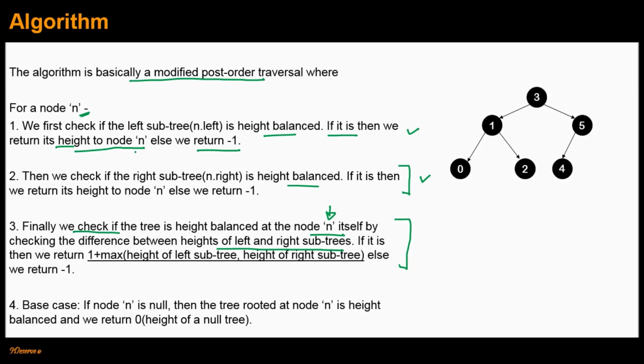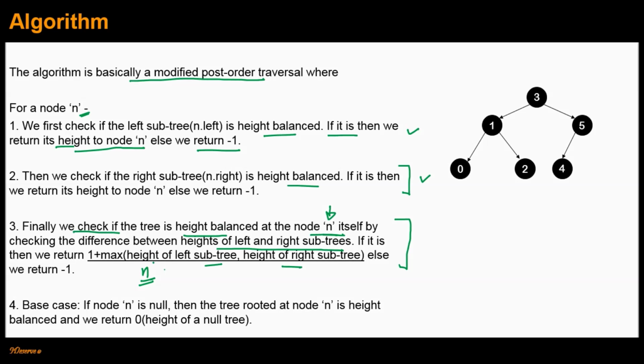In step number 1 and in step number 2, we are returning the heights of left subtree and right subtree if they are height balanced. So in step number 3, once we conclude that the tree is height balanced at the node n itself, we return 1 plus maximum of height of left subtree, height of right subtree, right? This is basically the height of tree rooted at node n.